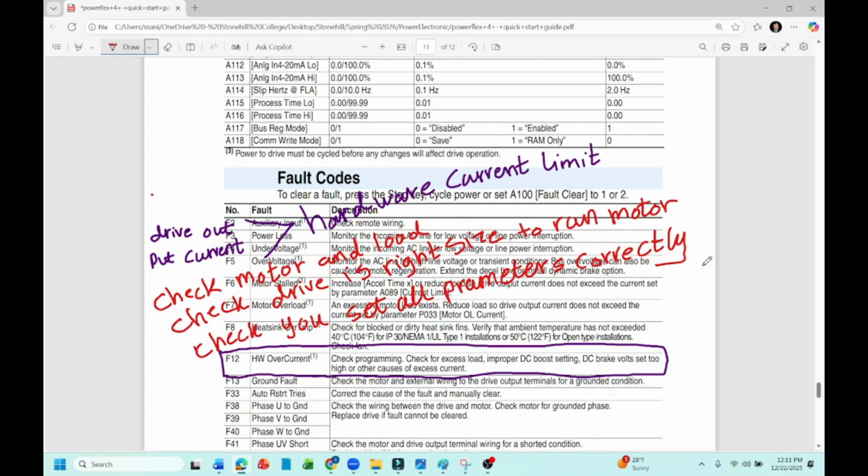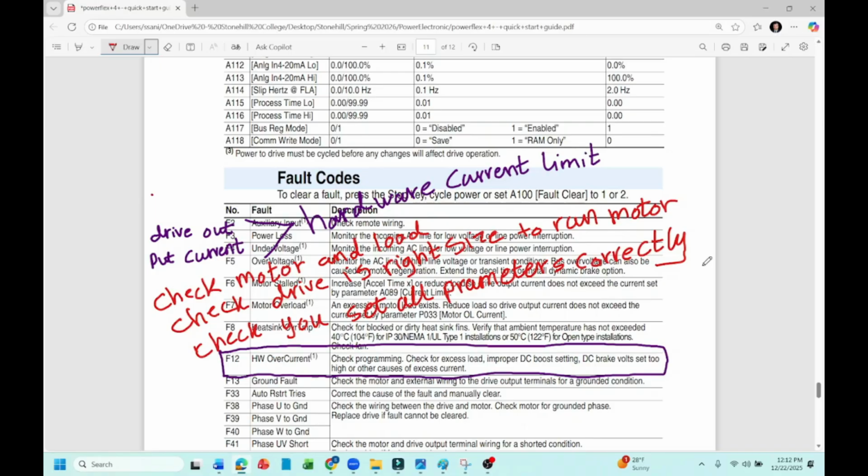It is hardware over current. If you check the description, it says check for excess load, improper DC boost setting, DC brake volt set too high, or other cause of exceed current.